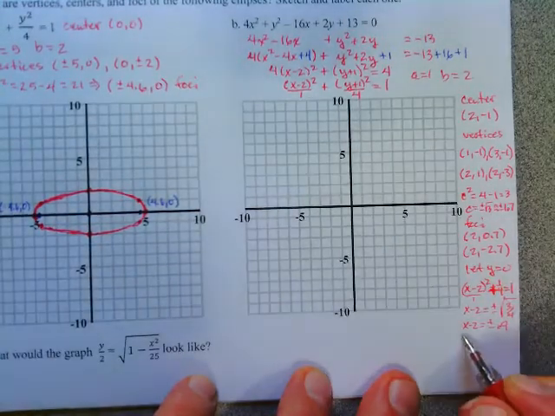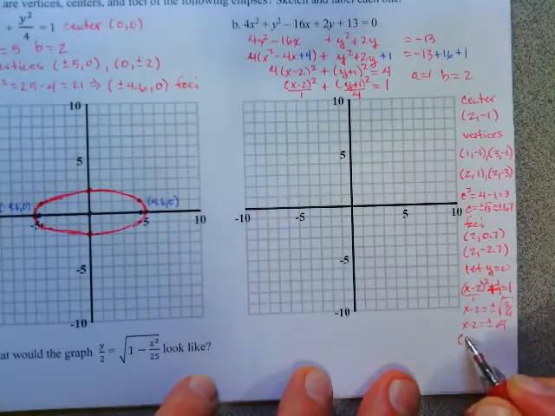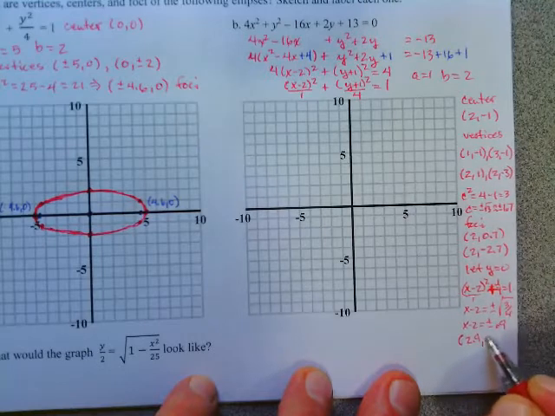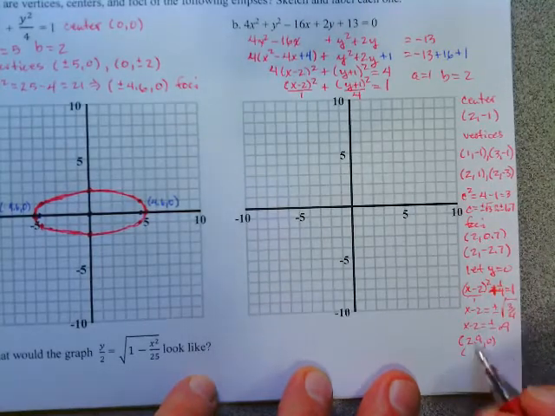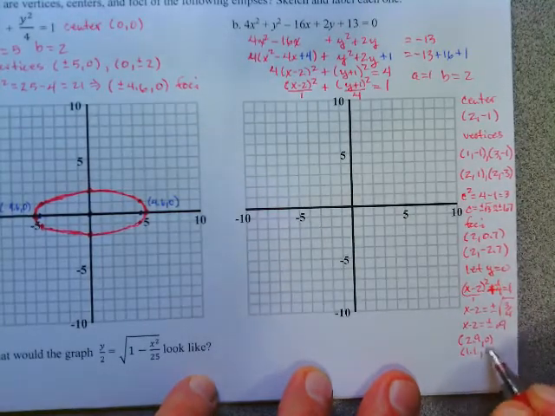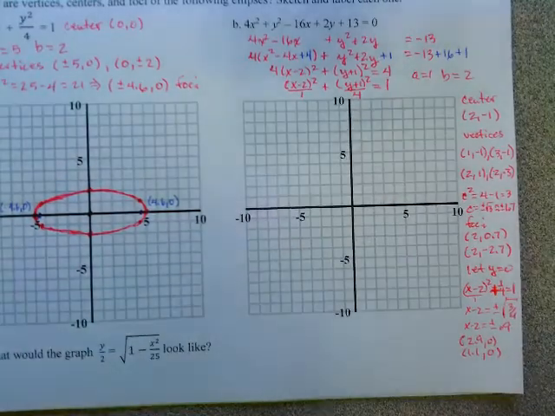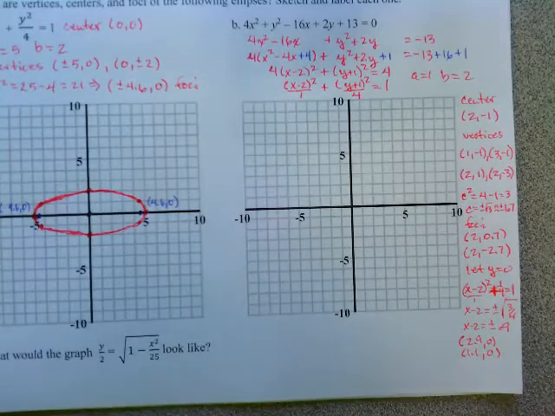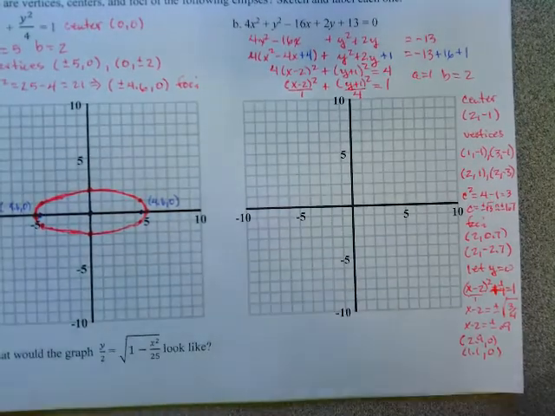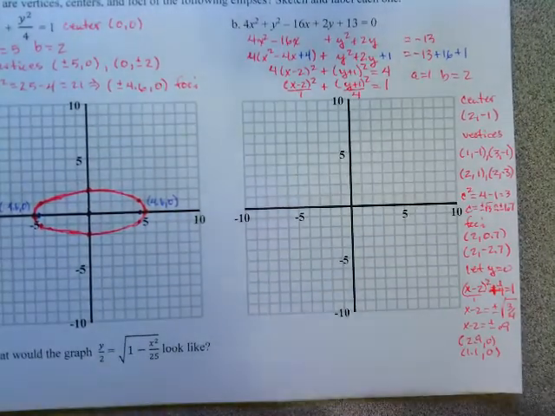And so I'm going to have my other points as 2.9 and 1.1. And if that works for 0, which is 1 to the left, it has to also work for 3.